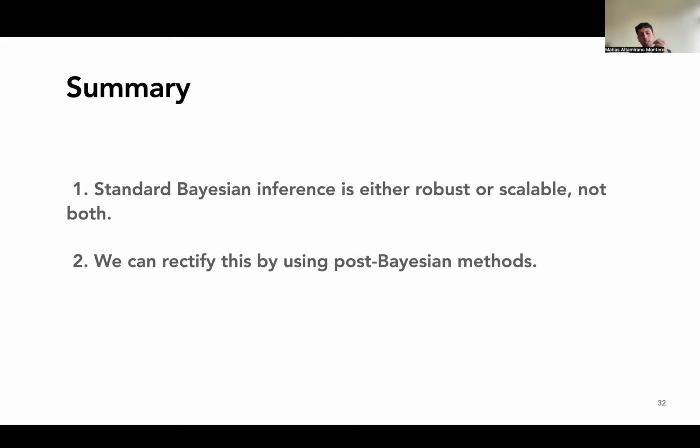As a brief summary, standard Bayesian inference is not both robust and scalable, because you have this trade-off between being misspecified and being able to compute the posterior. These post-Bayesian methods allow you to rectify this and get both robustness and scalability.